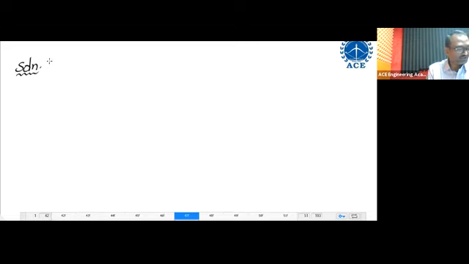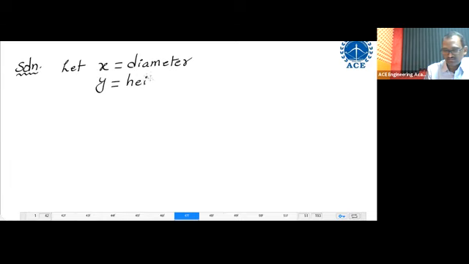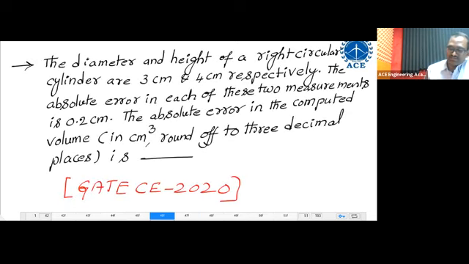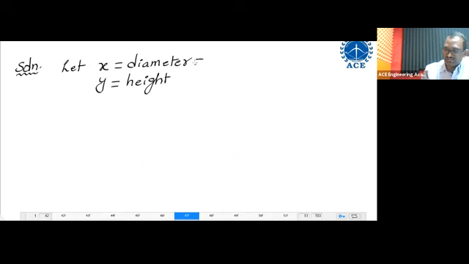Just for our convenience, assume like this. Let x be the diameter, y be the height. Diameter of the cylinder is 3 centimeters. Height of the cylinder is 4 centimeters.